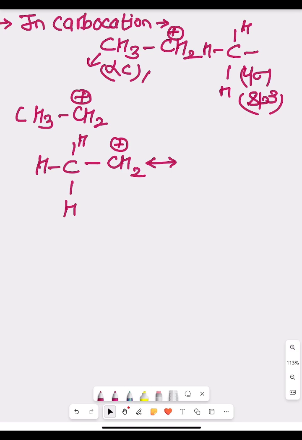The sigma electron transfer happens: this sigma electron goes there and the sigma electron is here. Now, this carbon has taken the sigma electron, so it will be negatively charged, and this one will be positively charged.